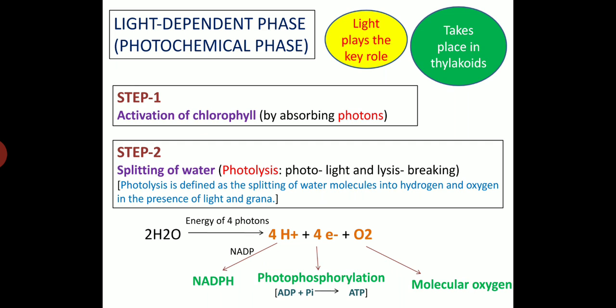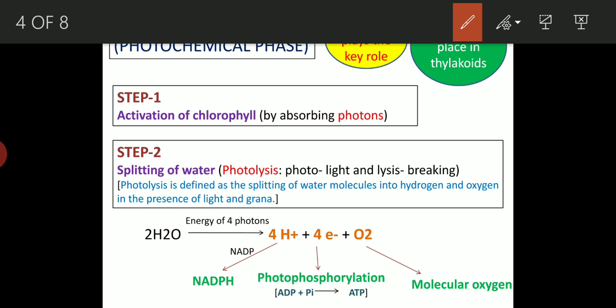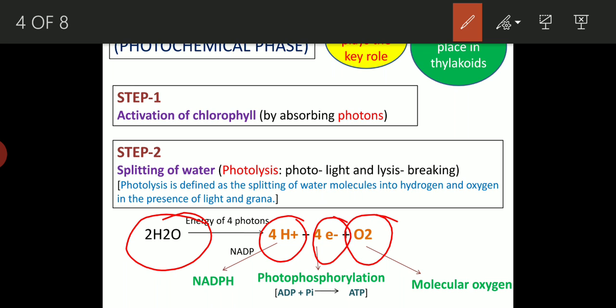Okay, now what are the end products of photolysis? See, here the water molecule gets split into hydrogen ions, electrons and oxygen. The hydrogen ions, that is H+ ions, are picked up by a compound called NADP, nicotinamide adenine dinucleotide phosphate.